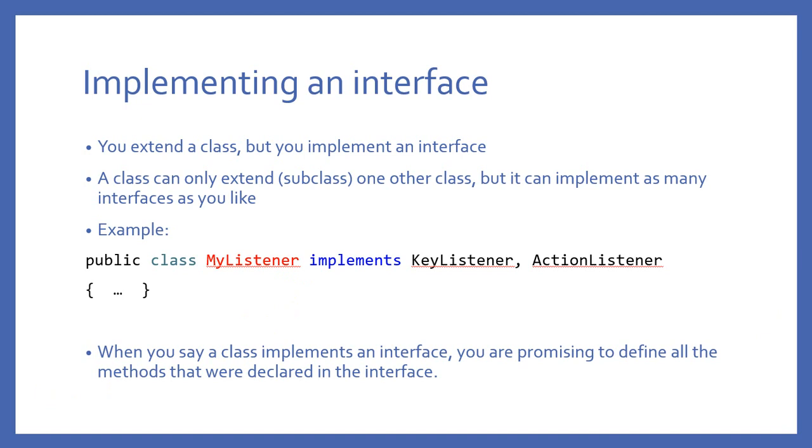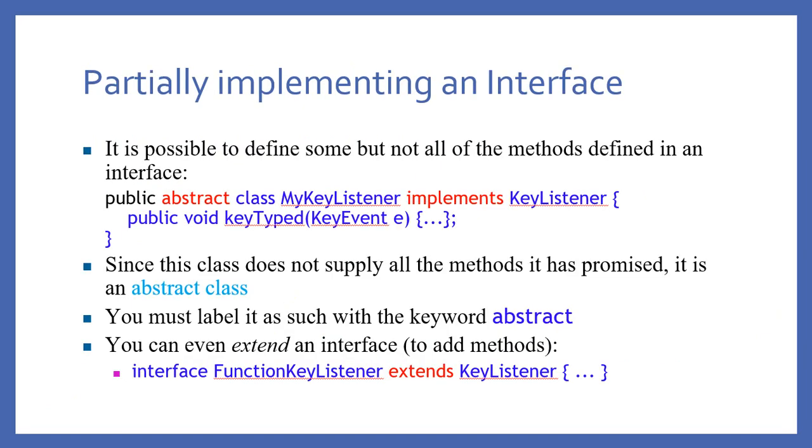The next slide will give you an example of an alternative way through which, if I want to use only 2 functions out of the 4, there is also a possibility for how we can do that. It is possible to define some but not all of the methods defined in the interface. How can we do that? For that, you will have to define this class as abstract. As you can see, there is a keyword for it. Implements KeyListener.